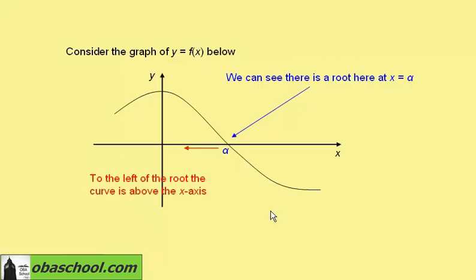If we look to the left of the root, we can see the curve is above the x-axis. And if we now look to the right of the root, we can see the curve is below the x-axis.